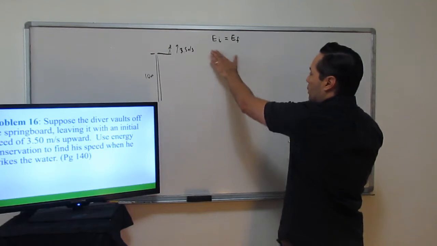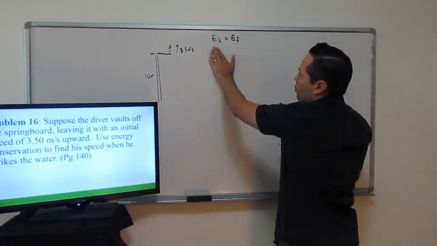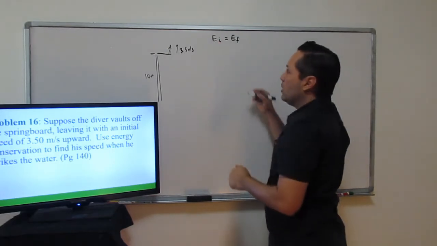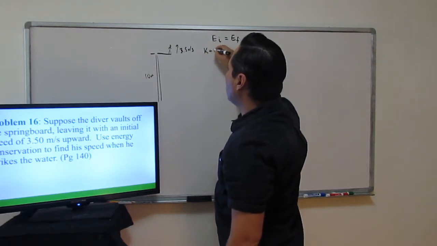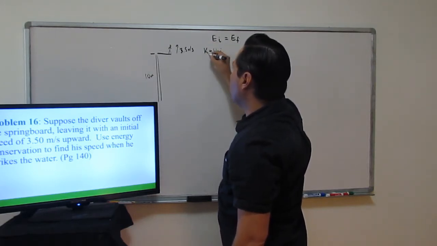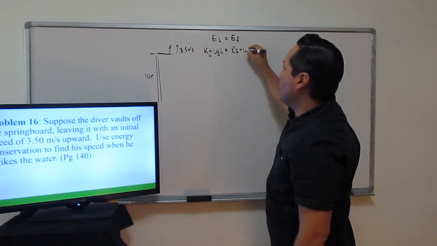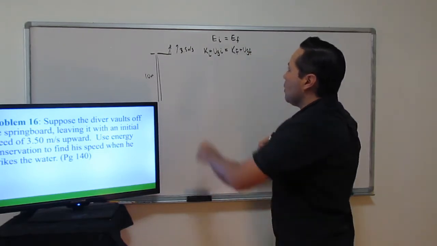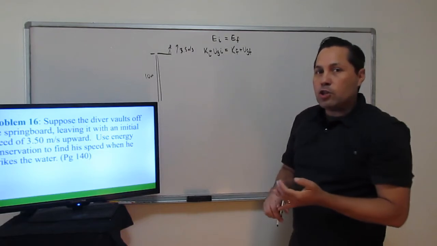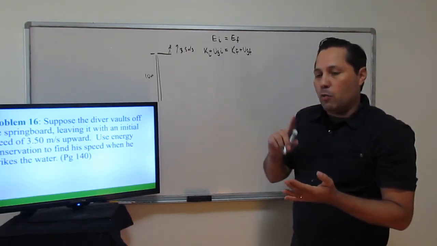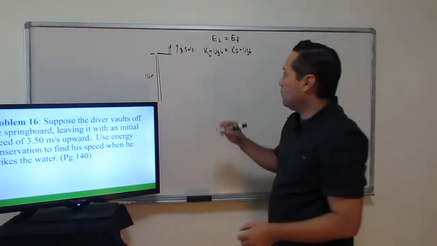So let's go ahead and get the formula again. Mechanical energy initial equals mechanical energy final: kinetic energy plus gravitational potential energy initial equals kinetic energy plus gravitational potential energy final. What is the formula for kinetic energy? 1/2 times mass times velocity squared.